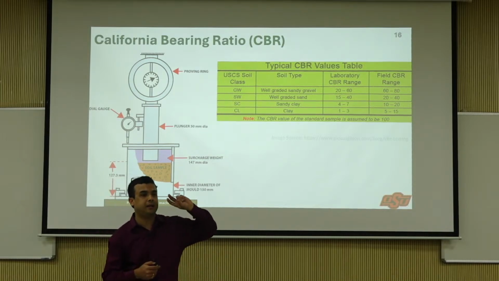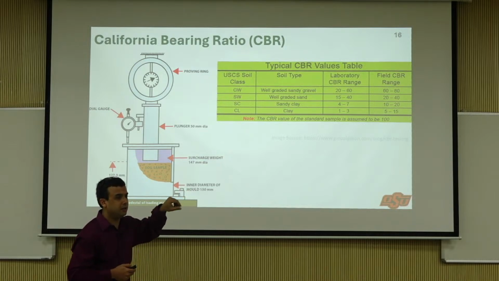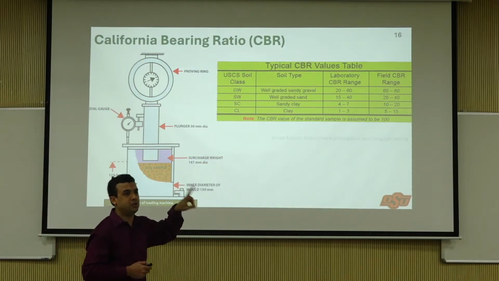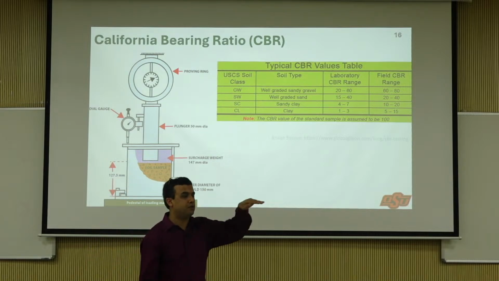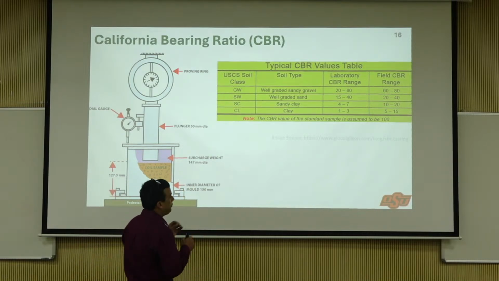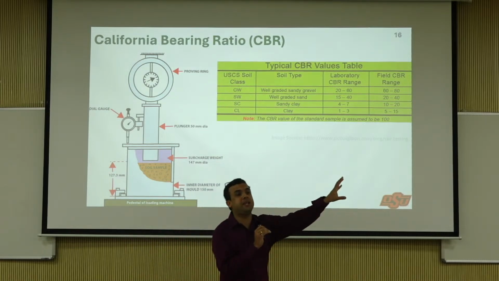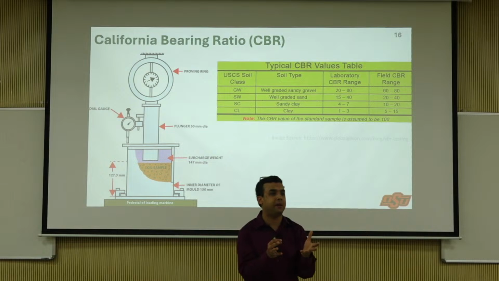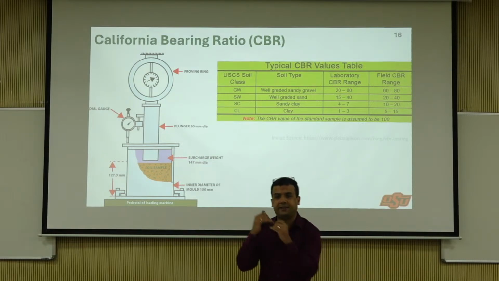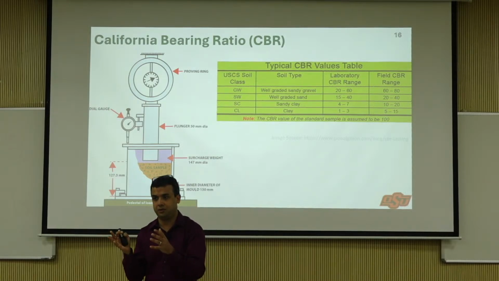I will pick it at two values, 0.1 inch, which is 2.5 millimeters, and 0.2 inch, which is 5 millimeters. At those values I measure the pressure and compare it with the pressure I experienced when I tested my reference aggregate. That ratio is the California Bearing Ratio.